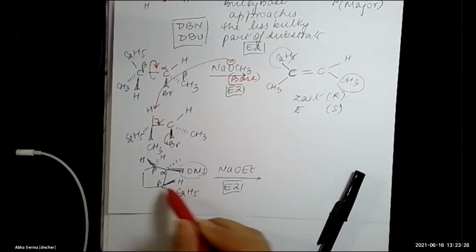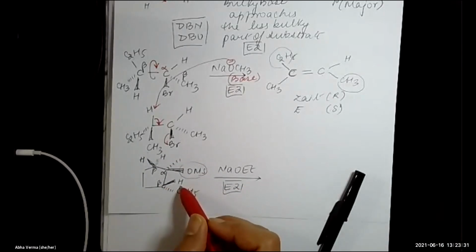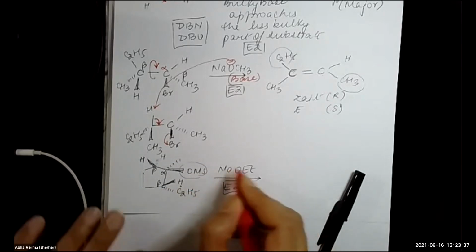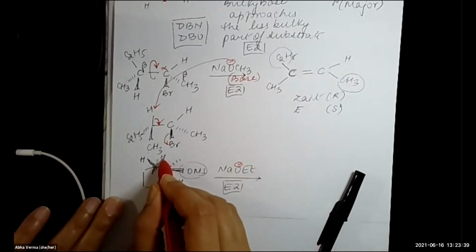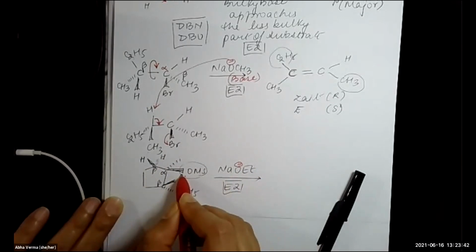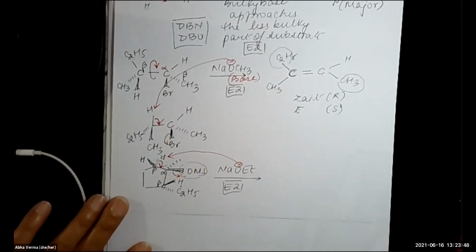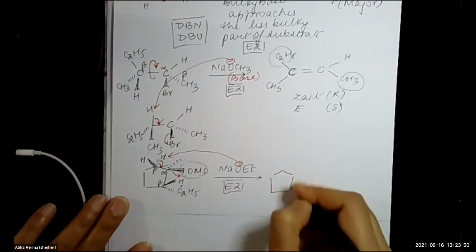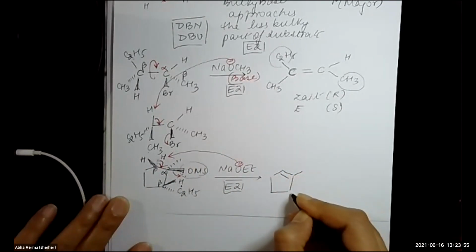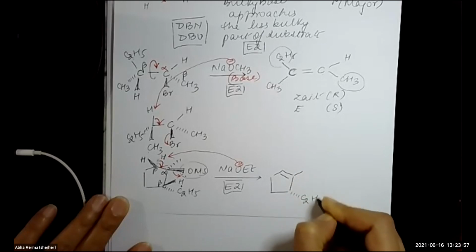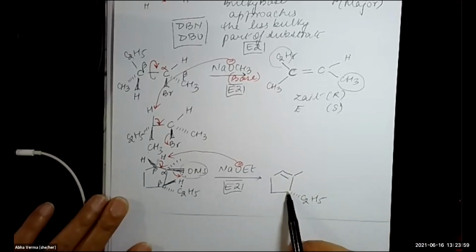So I cannot use this hydrogen because this is not an anti beta hydrogen. We are going to use this hydrogen, which is anti to our leaving group. Remember, we need a smooth movement. And so even though this is not the ideal Zaitsev, this is the Hofmann.